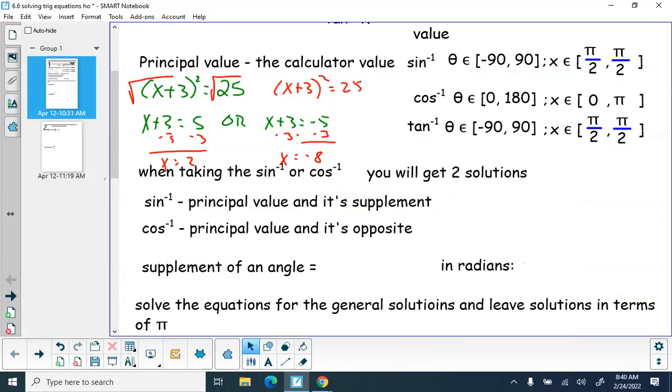S goes with S. When you take the inverse cosine, you get the principal value and its opposite.